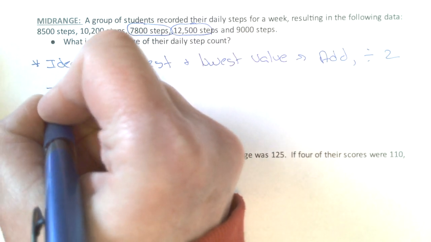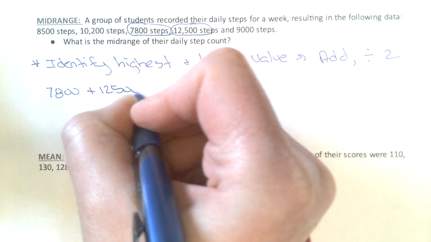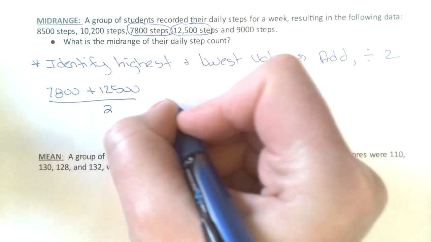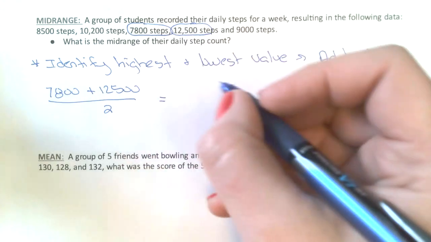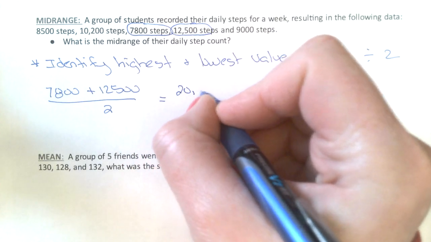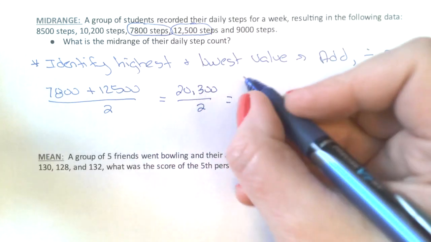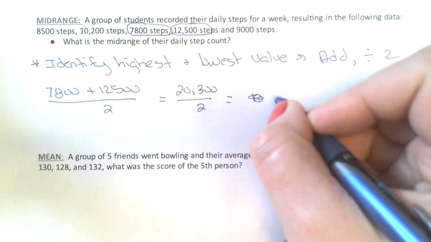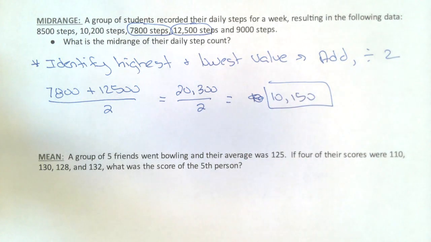So I'm going to take the lowest value plus the highest value divided by 2. You can either add the numerator or stick the whole thing in your calculator all at once. The numerator adds up to 20,300. Divided by 2 is 10,150. So the mid-range of their steps is about 10,150.